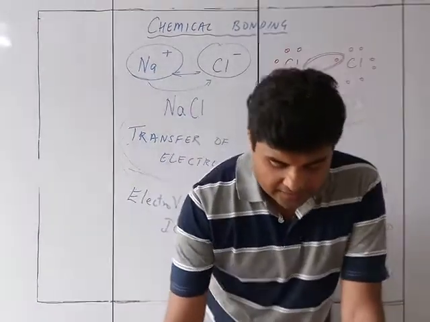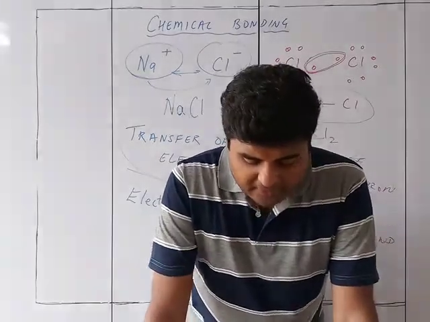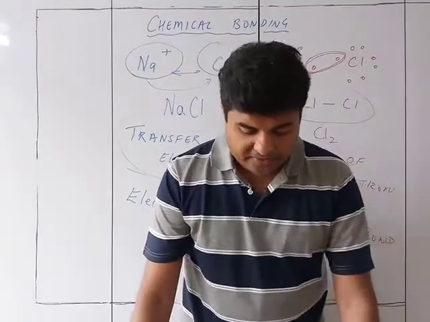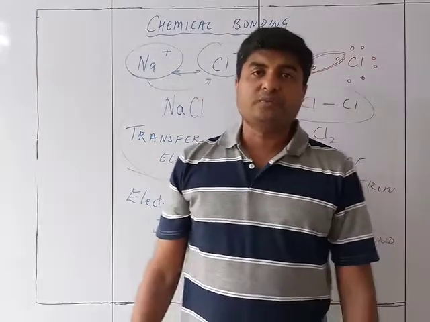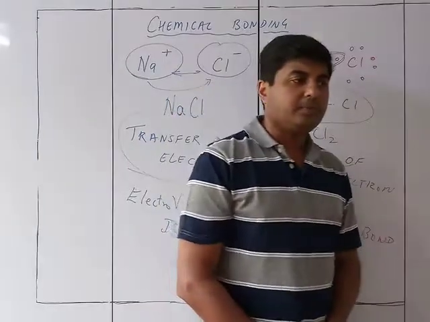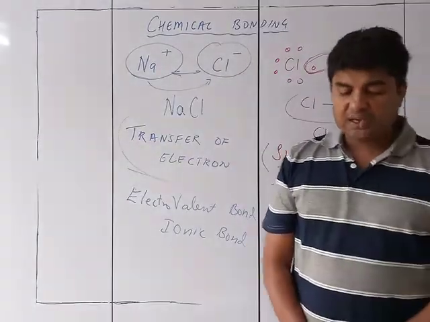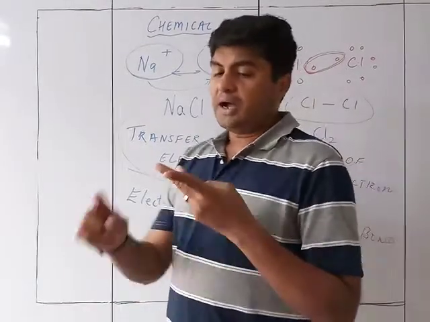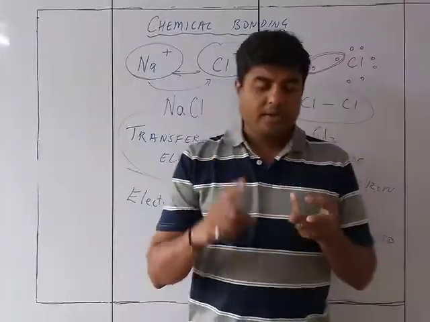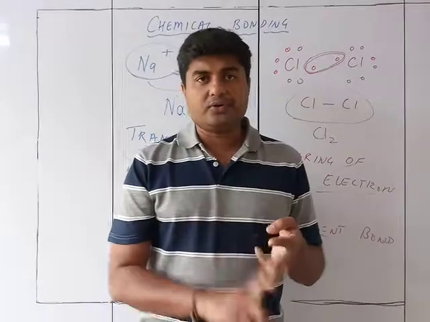The next is the periodic property which affects the chemical bonding formation. We had learned in the earlier chapter, the periodic table, that there were 3 properties: ionization potential, electronegativity and electron affinity.